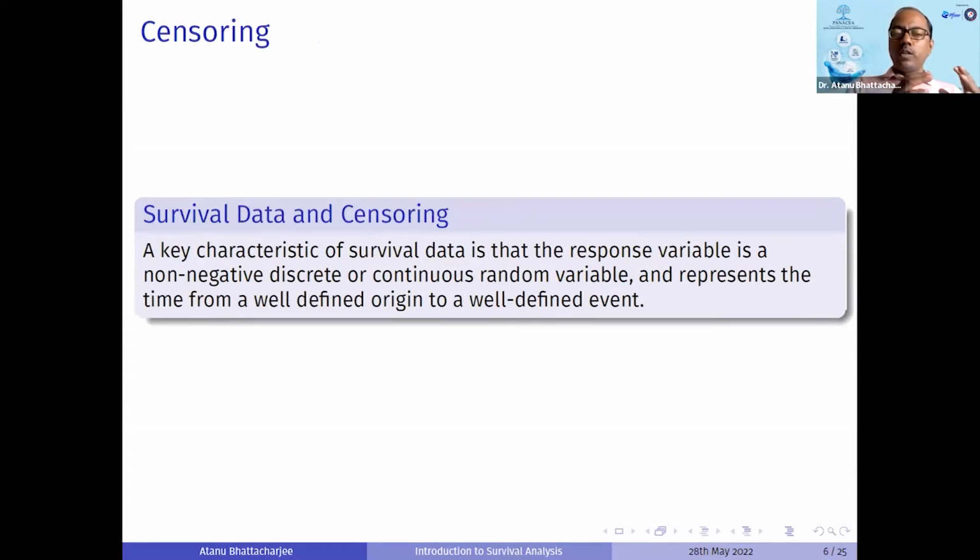The key characteristic of survival data analysis is that the response variable is a non-negative, discrete or continuous random variable, and it represents the time from a well-defined origin to a well-defined event, which I already discussed. Now the terminology I put here is censoring. So what is censoring?